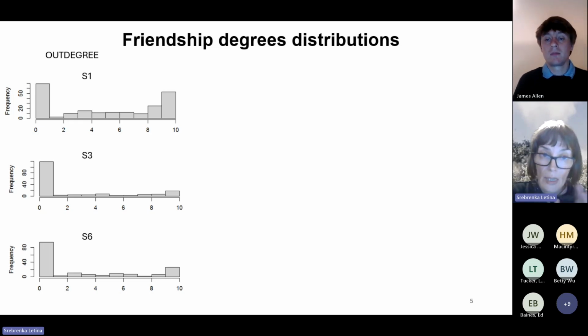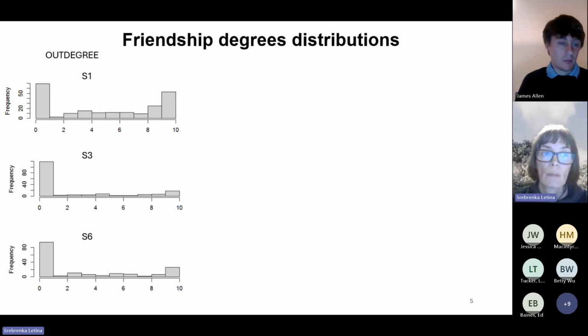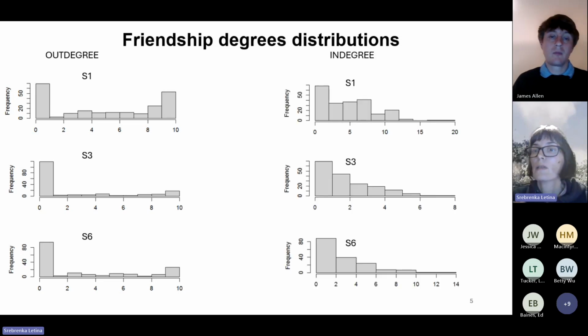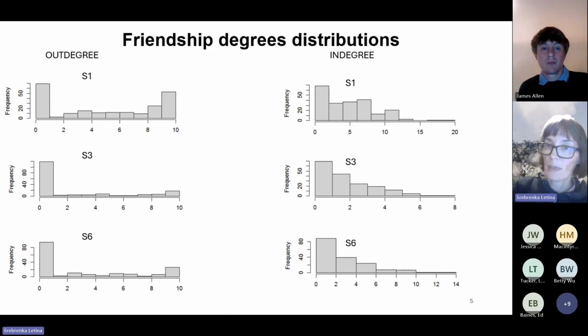The reason I'm showing them to you is because they're usually very skewed. So you can see that they could nominate up to 10 friends, and most of them nominated about 1. But then you have a range, and there are some who nominated 10 friends. And the in-degree obviously varies more than 10, because you could be nominated by more than 10 people.